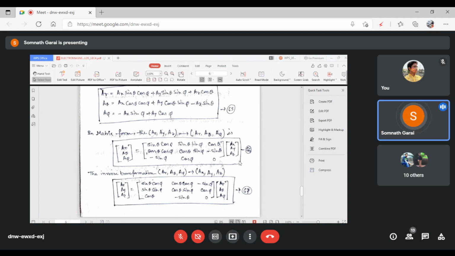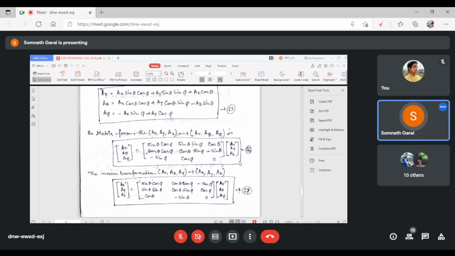Okay, and if we take the reverse or inverse operation, then capital AX, capital AY, capital AZ are represented row-wise: sin theta cos phi, cos theta cos phi, minus sin theta.